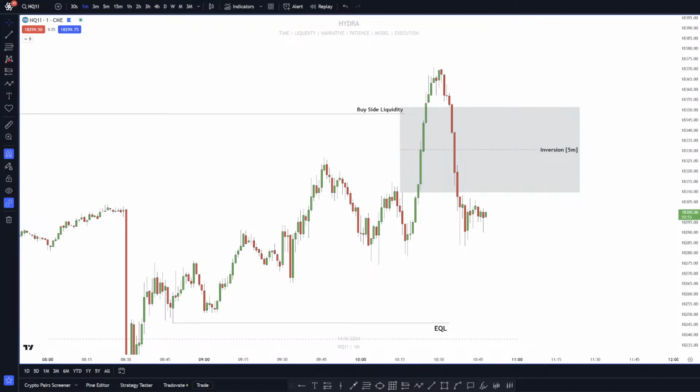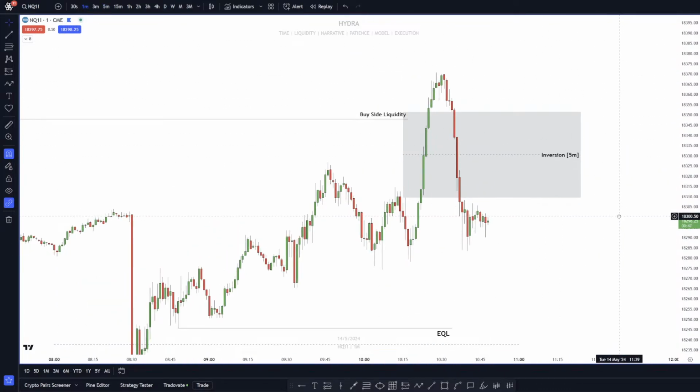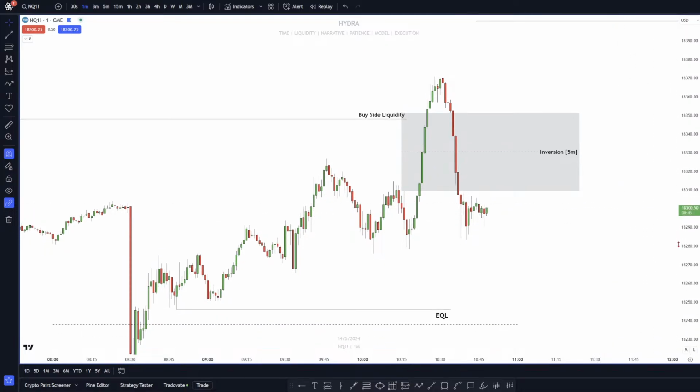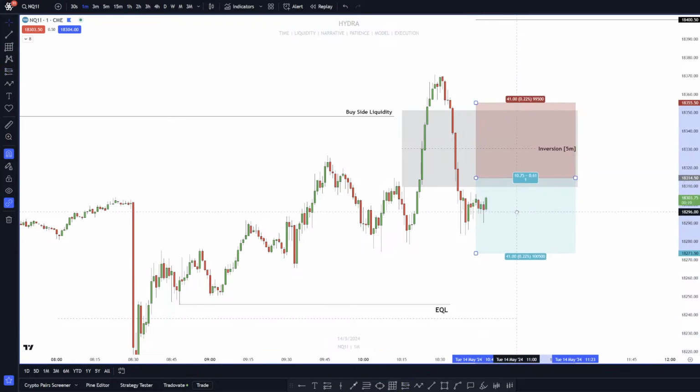We have equal highs where on the 5-minute chart. This one, as long as this inversion is holding, we are good. $10.48, we are also getting inside our macro, the last one.